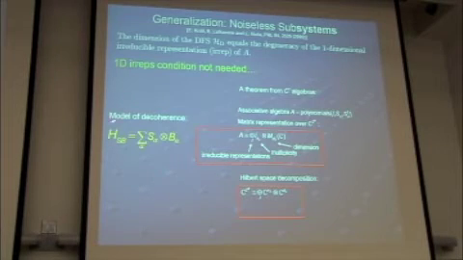Here again is the model of decoherence. We have a system-bath interaction. And just like before, let's consider the algebra of polynomials in the system operators, their Hermitian conjugates, and the identity operators. Let's consider this algebra. And let's assume that we have n qubits. So if we have n qubits, then we have a Hilbert space which is C2 to the n, a 2 to the n dimensional Hilbert space.